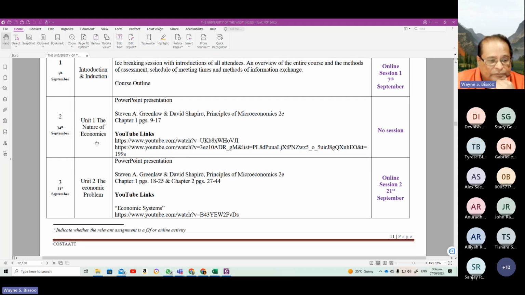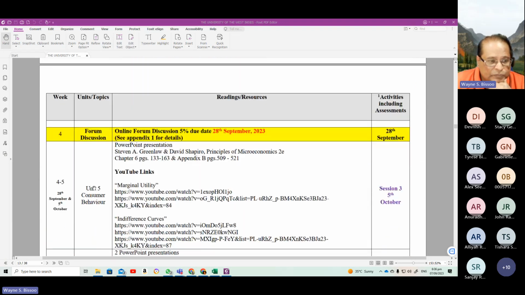All right, so we have unit 2, unit 3 moving forward. Then we move to week 4, forum discussion deadline. By the 28th of September, the expectation is that you would have finished, or at least made your contributions to the forum discussion, which is an activity that is marked out of 20 marks, but generates a score out of 100 for you.